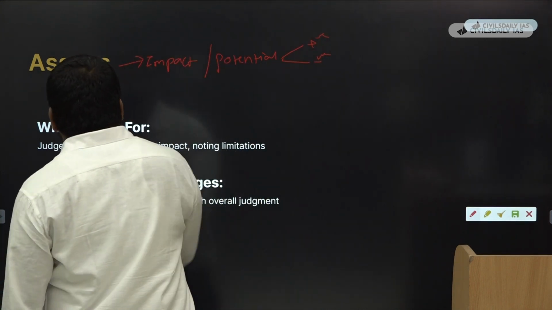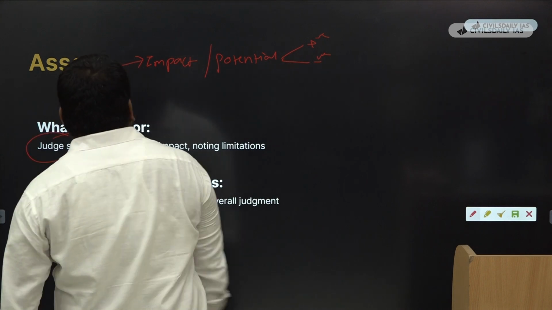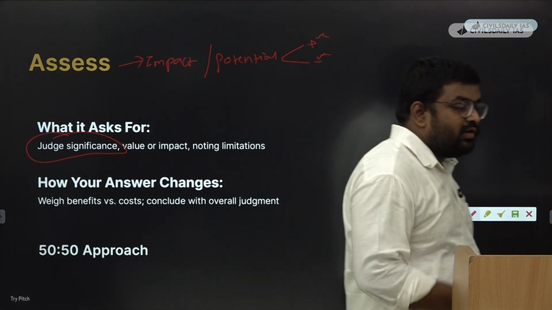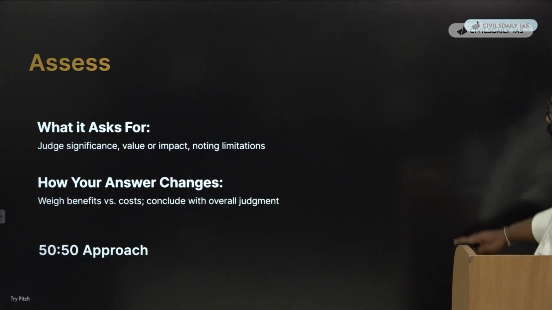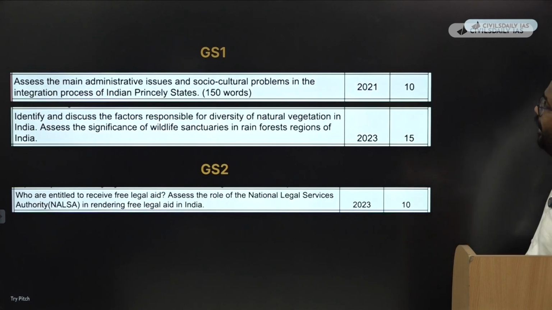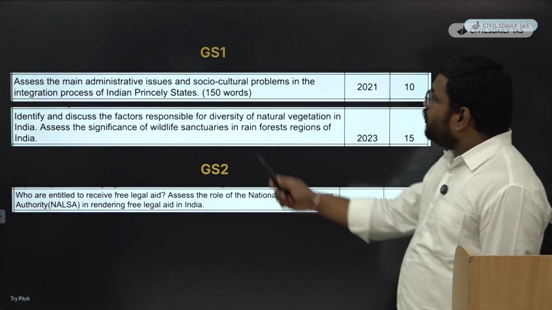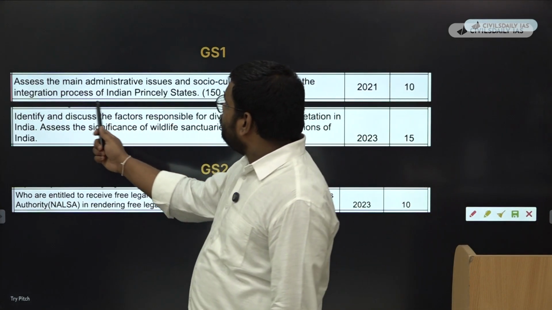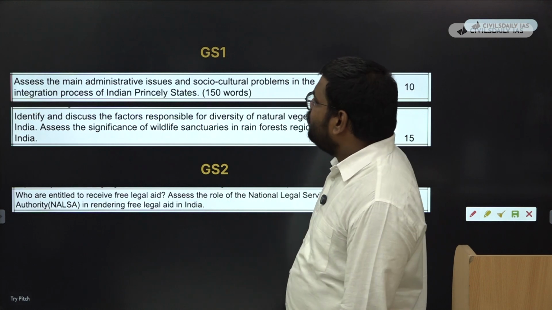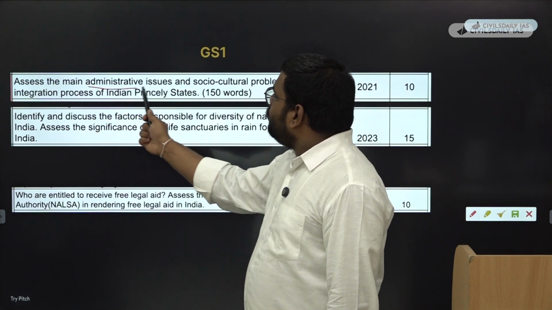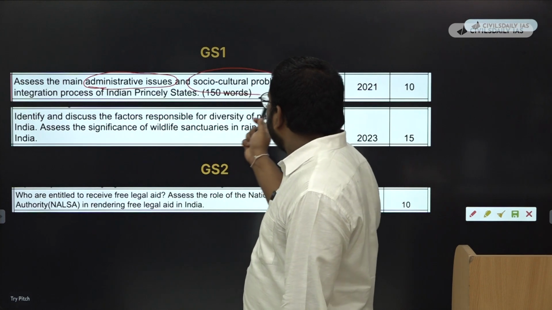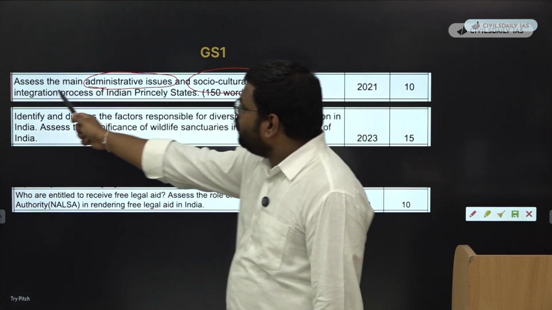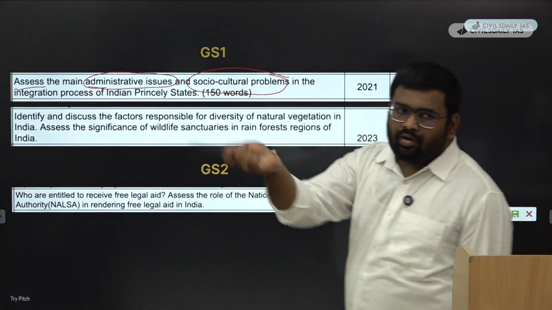Okay, so basically they ask you to judge the significance of any particular policy or scheme, okay, or the impact of it. So here, assess the main administrative issues and socio-cultural problems in the integration process of Indian princely states. So here you have to provide the main administrative issues and socio-cultural problems, okay, your assessment of them, and then the other factors.